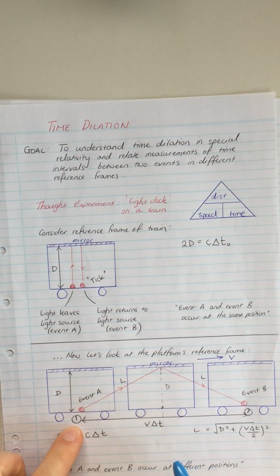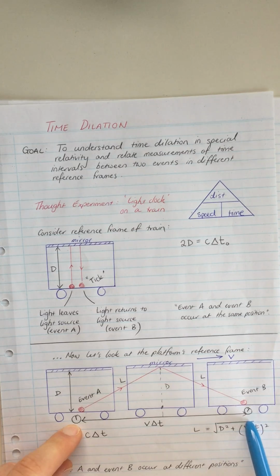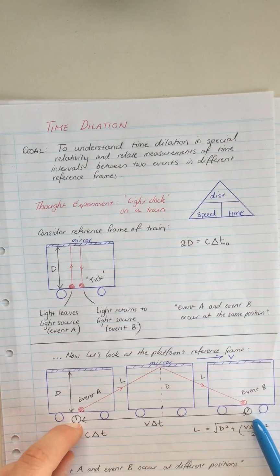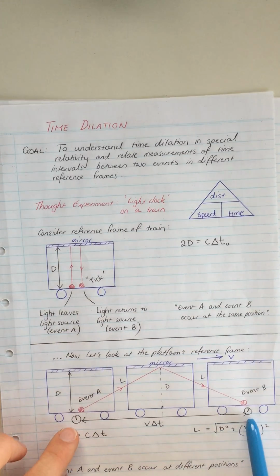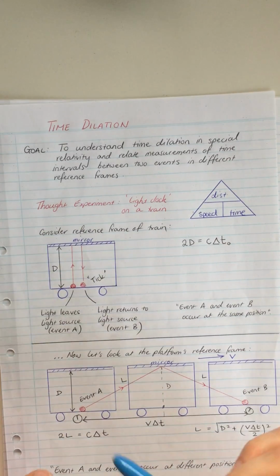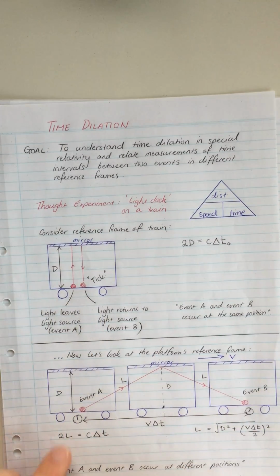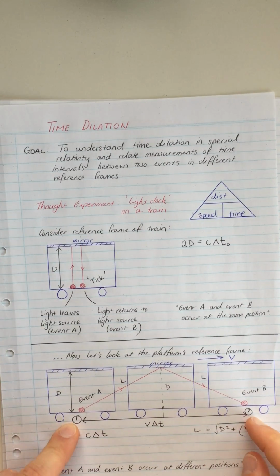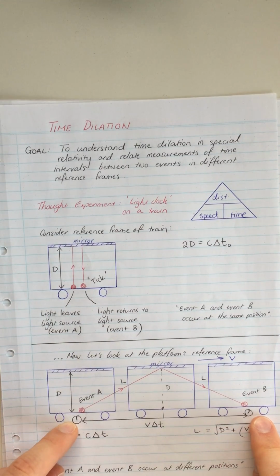So this clock says 12 p.m. exactly when this clock says 12 p.m. And this clock says 1 p.m. exactly when this clock says 1 p.m. In other words, each tick of the clock is occurring simultaneously. So then when we come back to this, the person on the train will say, but these two clocks aren't simultaneous. So of course they're going to measure a greater time has passed, because this clock's running too fast.